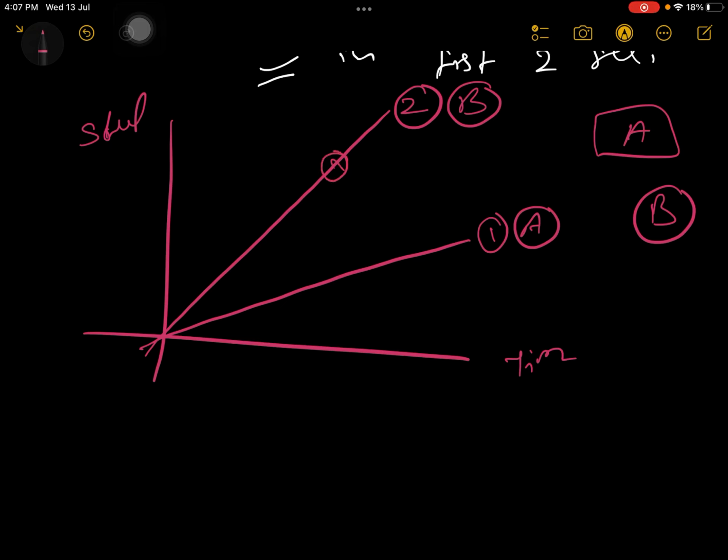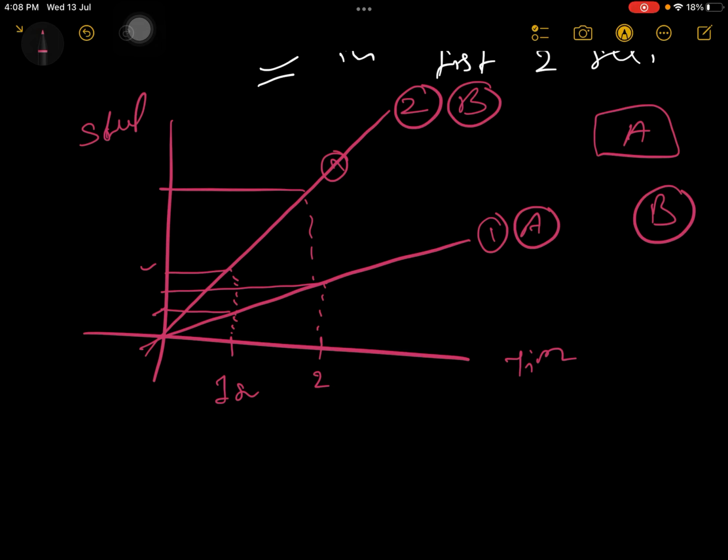Why? Because at 1 second, vehicle A had only this much speed, but vehicle B has more speed. At time 2 seconds, vehicle A has this speed, but vehicle B has more speed. So every second vehicle B's speed is increasing faster. So of course vehicle B will cover more distance, right?